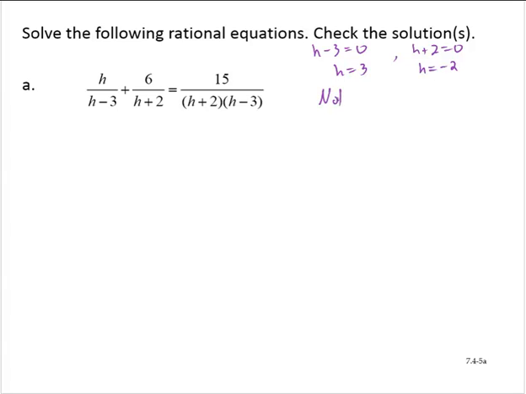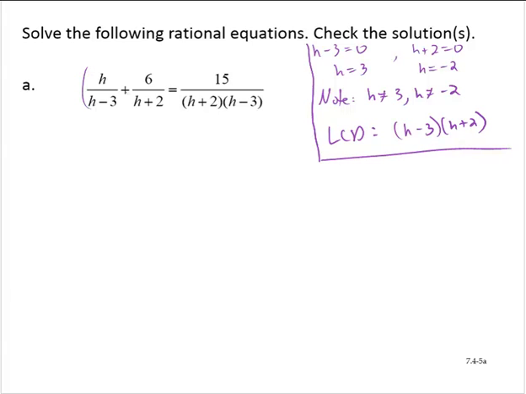So let's note that h cannot equal 3 and h cannot equal negative 2. And we only have those two distinct factors, so the LCD for the entire equation is their product, h minus 3 by h plus 2.